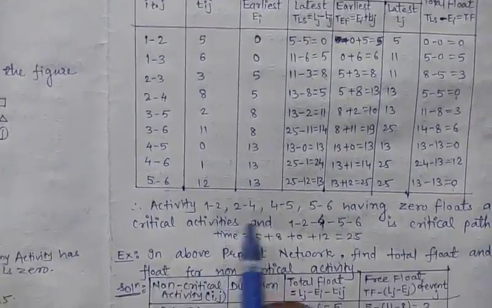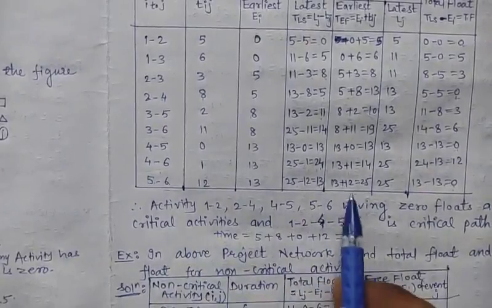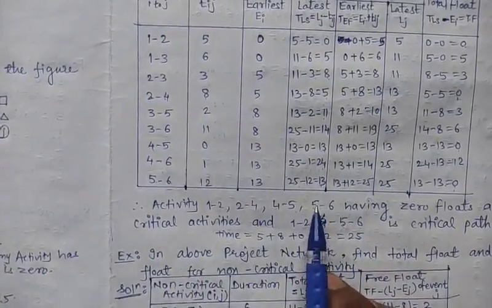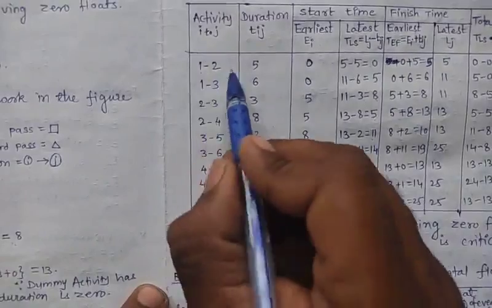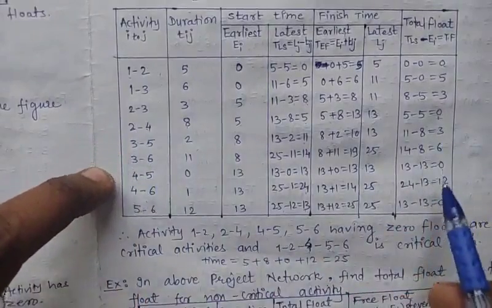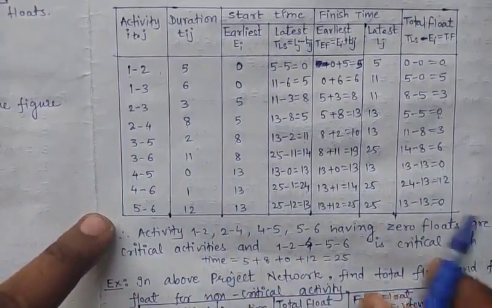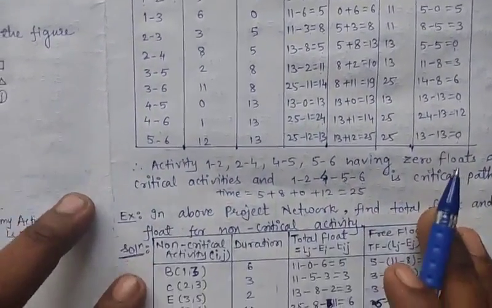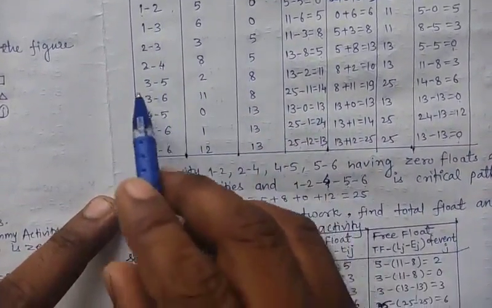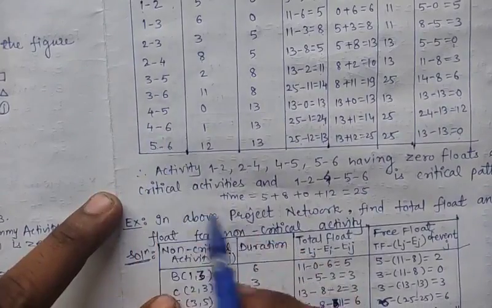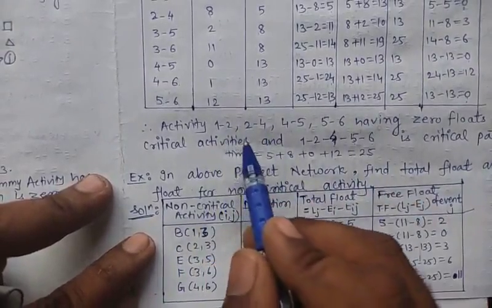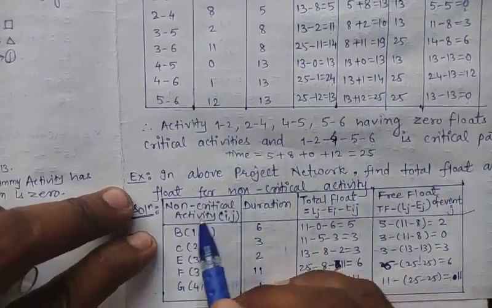Here 1-2, 2-4, 4-5, 5-6 are the critical activities, and other than these are the non-critical activities. Avoiding 1-2, 2-4, 4-5 and 5-6, the remaining activities are non-critical: 1-3, 2-3, 3-5, 3-6, and 4-6. The activities which are critical we avoid, so we get the non-critical activities.